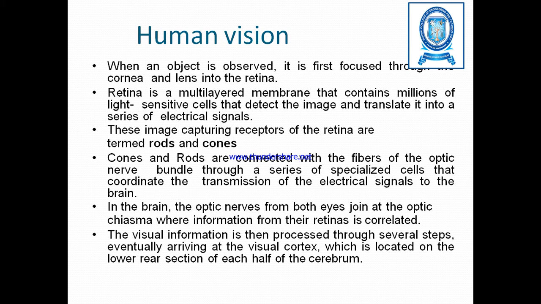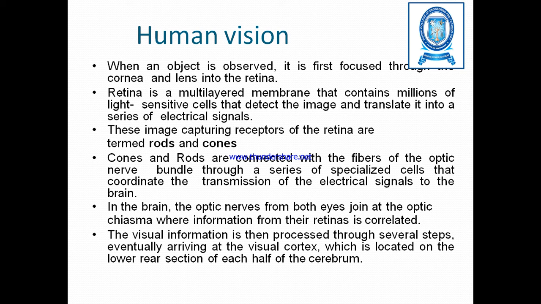Rods and cones are connected with fibers through a bundle of optical nerves. The optical nerves play a major role in perceiving the light, and both eyeballs are connected through optical nerves, like two stones being connected by a rope.